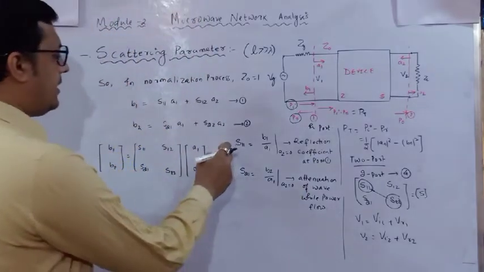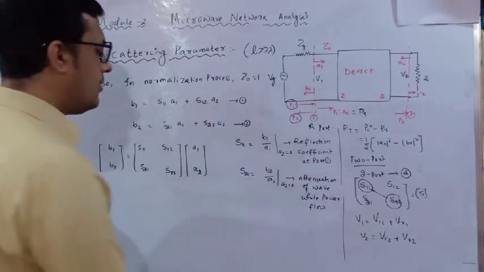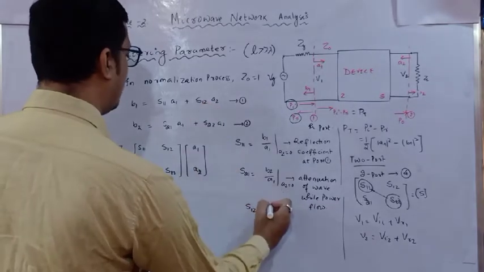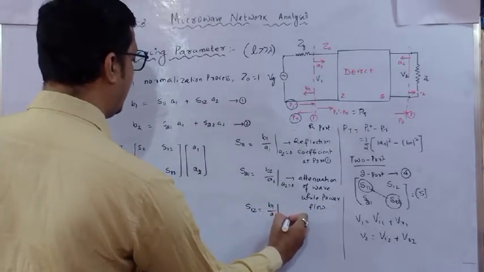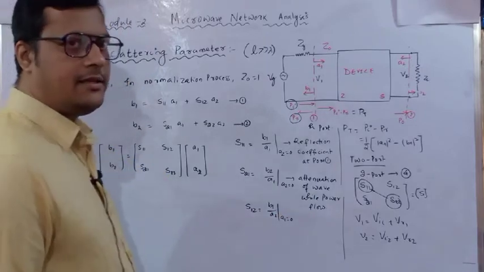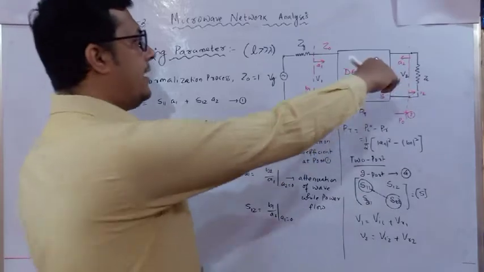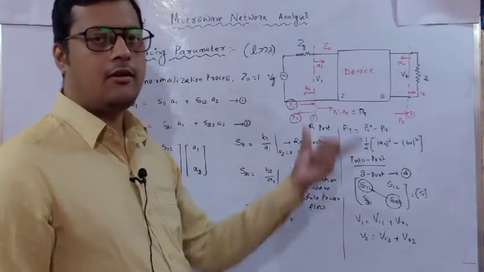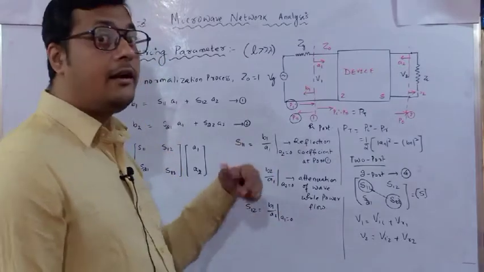Similarly, with respect to these two, now we are going to identify what is S12. So S12 is B1 by A2, making A1 0. That means again it is the reflected potential of port 1 and the incident potential of port 2. So it will contribute the attenuation, because these two are different.